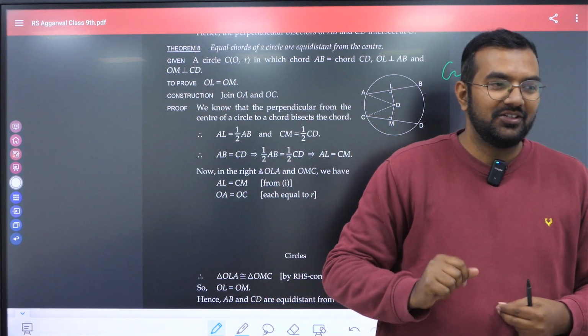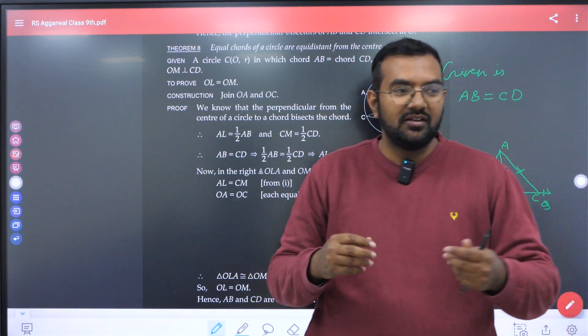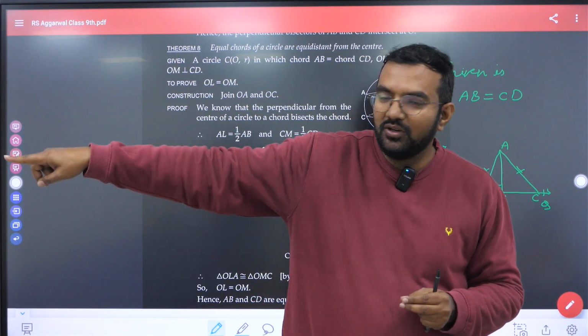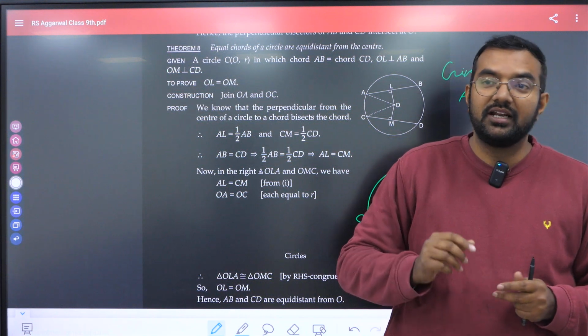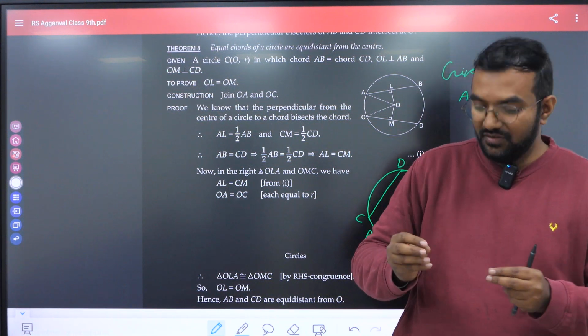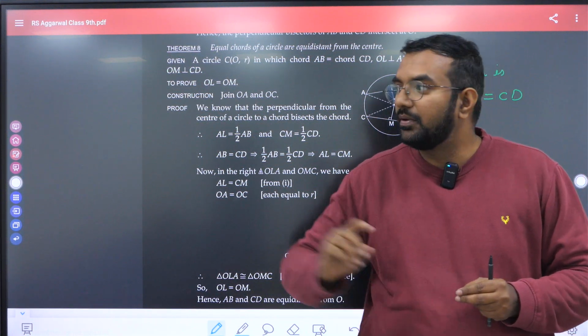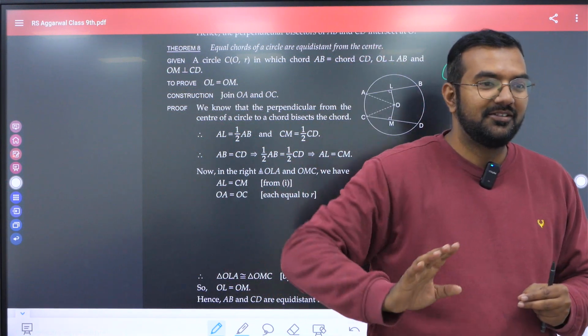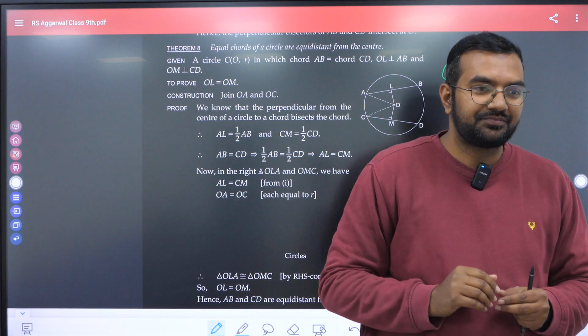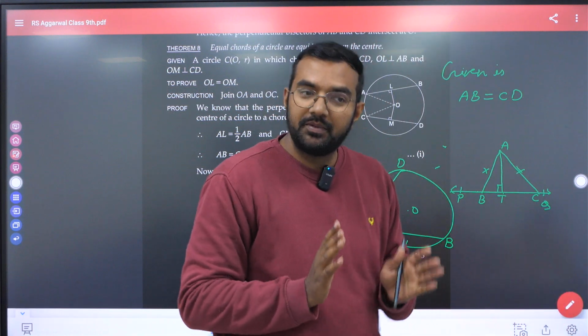No. You will join a line that is perpendicular from here to that wall. That will be the distance, because there is a big difference between the length of a line going perpendicular to the wall and a line going to that point. So distance is always a perpendicular line.